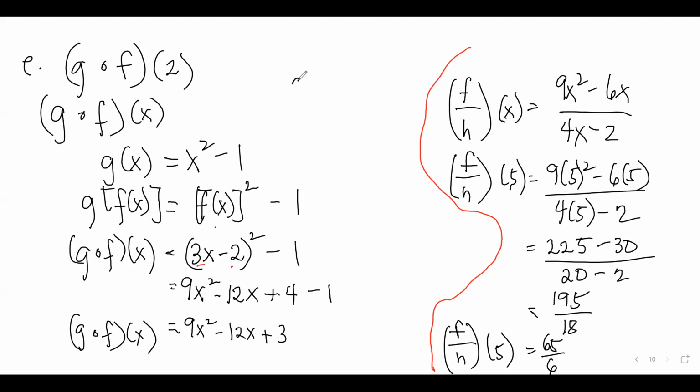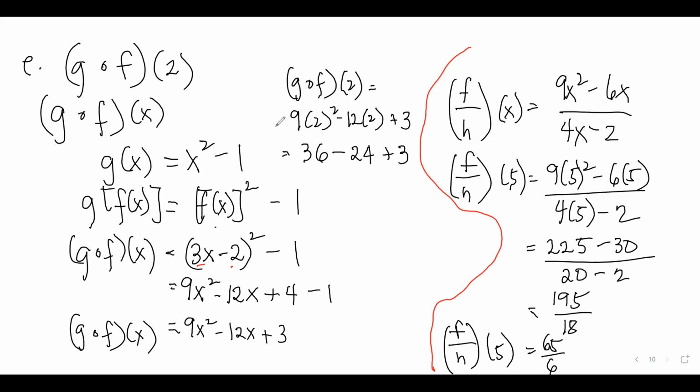Ngayon, to substitute, G of F of 2, magiging ano siya? 9 times 2 squared minus 12 times 2 plus 3. So, 2 squared is 4 times 9, that is 36, minus 24 plus 3. Class, sa whiteboard lang tayo ganito ha, pero sa bond paper nyo, huwag ganito kagulo ha.